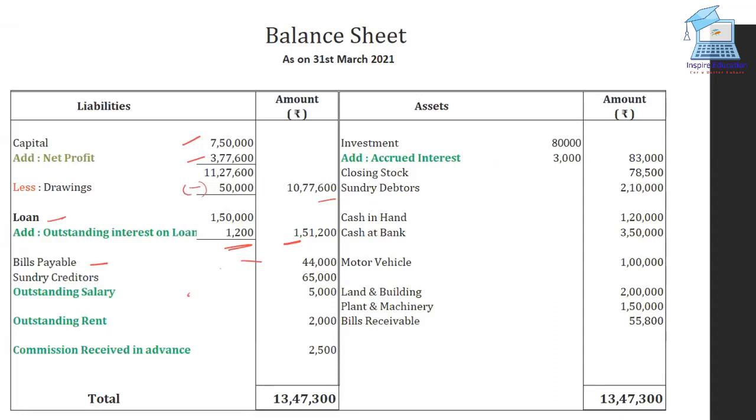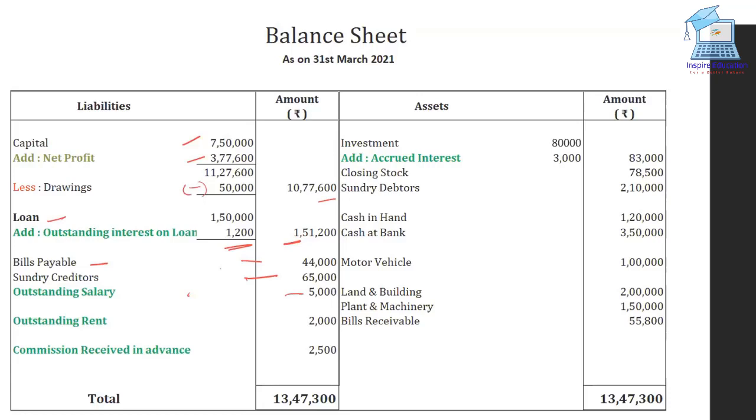Sundry creditors, liability, it is on the liability side. Outstanding salary, there was an adjustment of outstanding salary. Outstanding salary means it is my liability, so 5,000 on the liability side. See, all the items in green color are actually part of adjustments. So you can easily see the green items are adjustments.